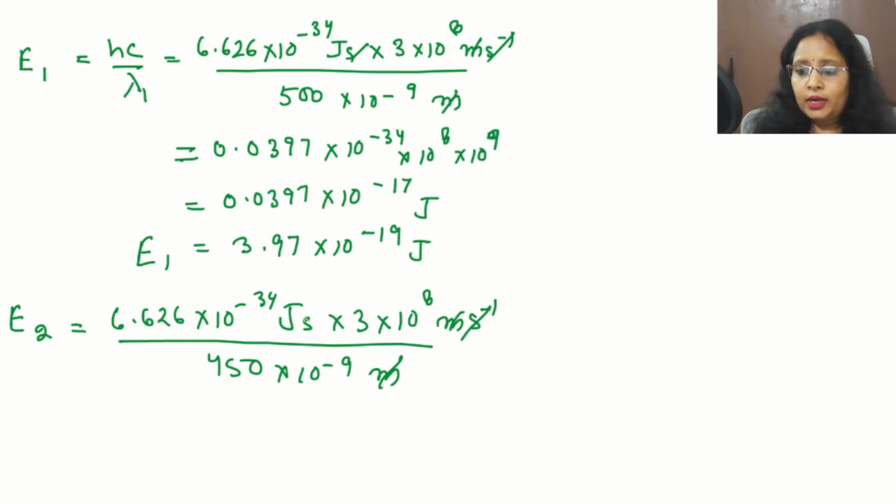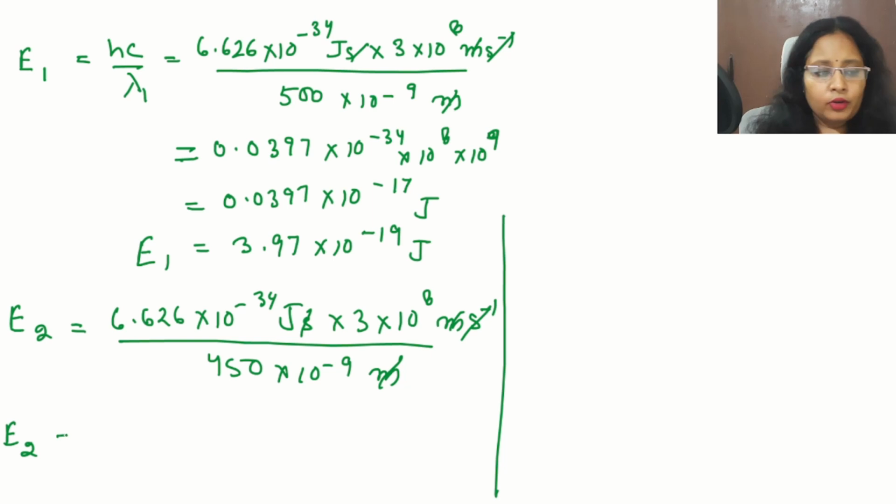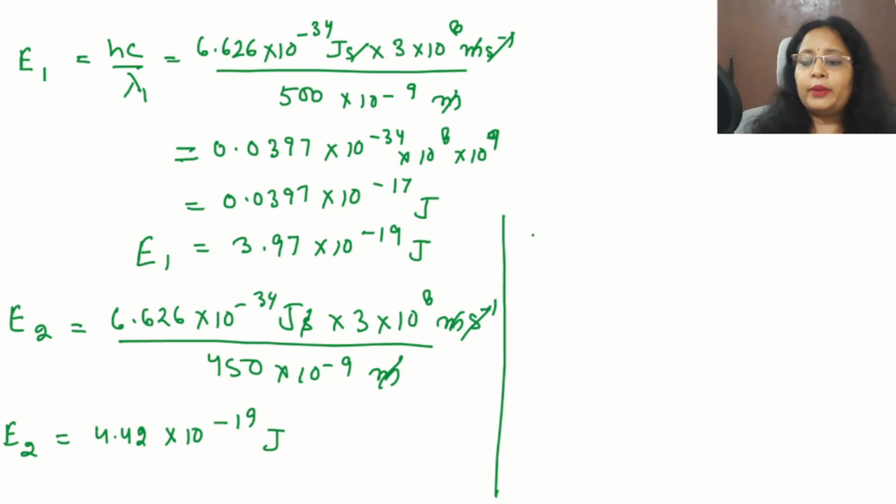After doing the calculation, our value for E2 will be 4.42 into 10 to the power minus 19 joules. This is the energy of the photon for the second lambda value.